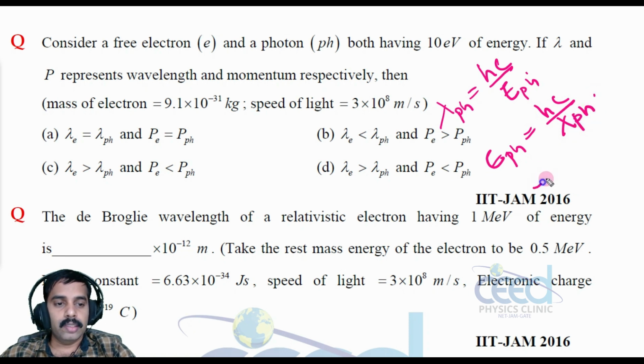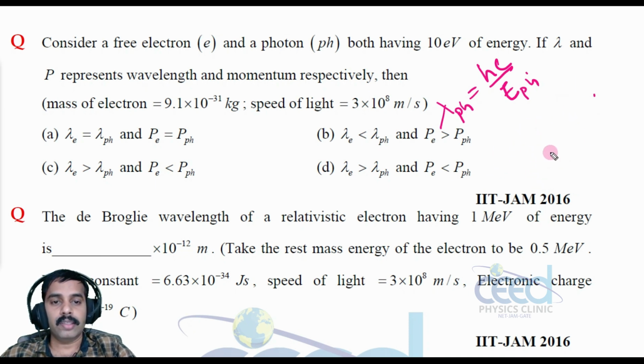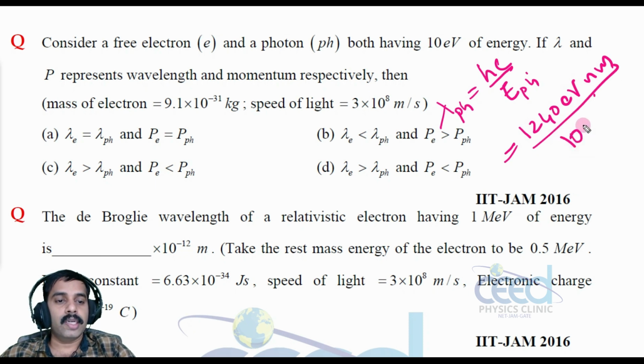So we need to find this de Broglie wavelength. Energy is given. hc is 1240 electron volt nanometer divided by E photon, that is 10 electron volt. So you will get 124 nanometer, right?